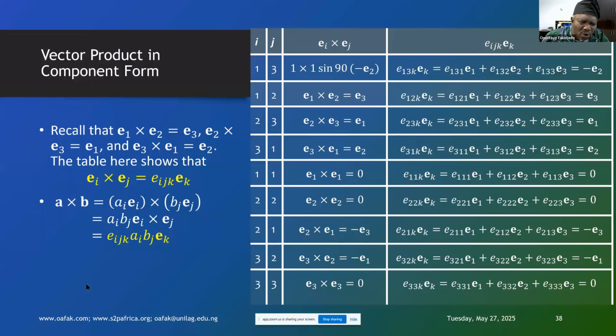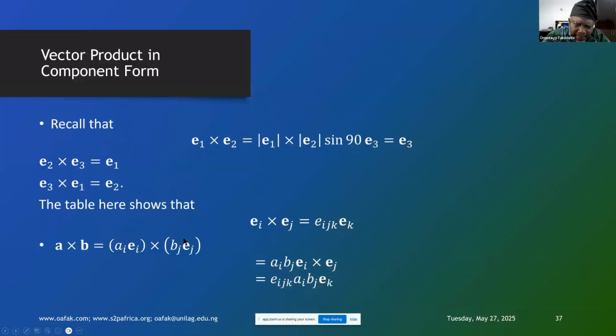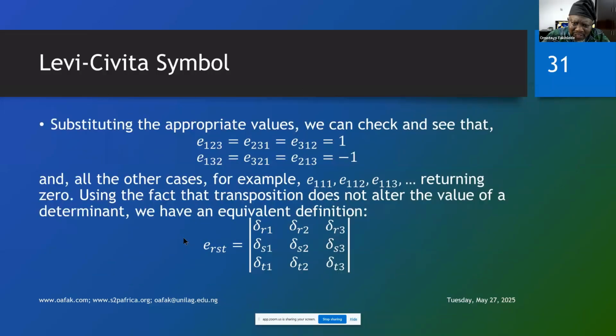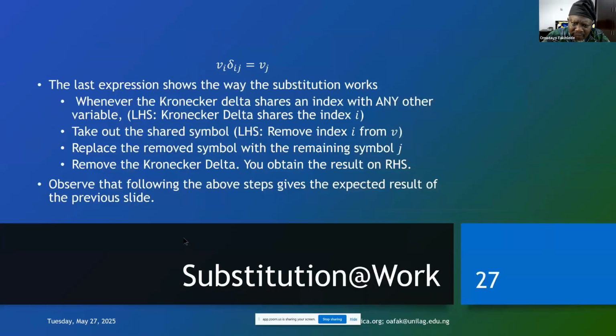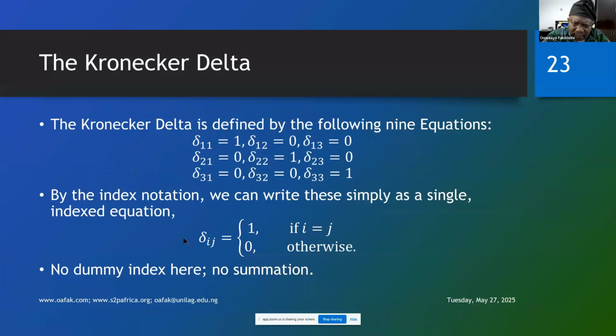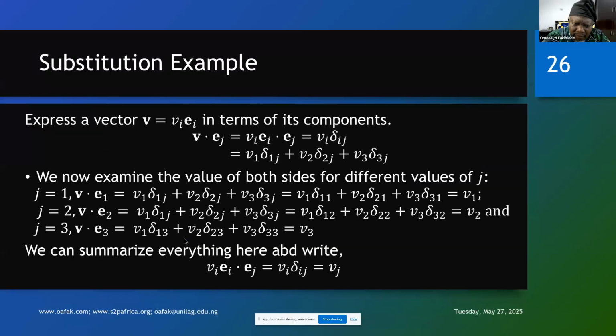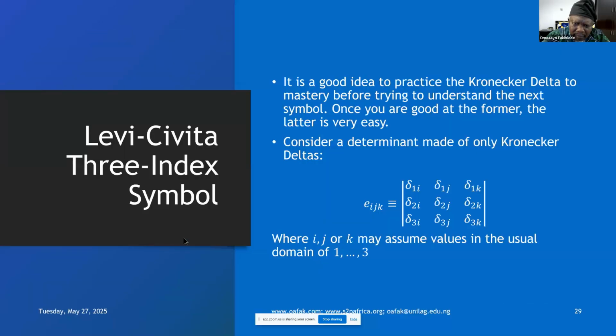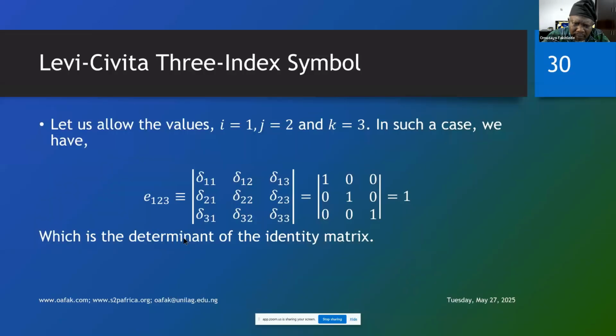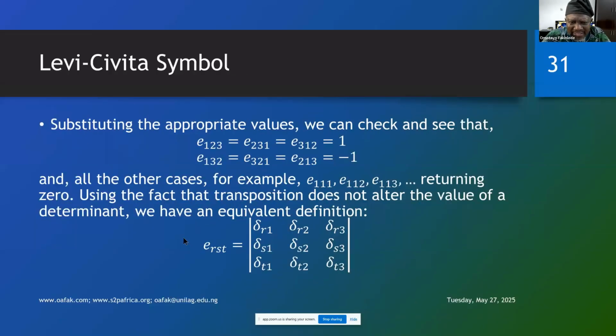So expand this A cross B and get all the 27 terms, and then go back to page 31.